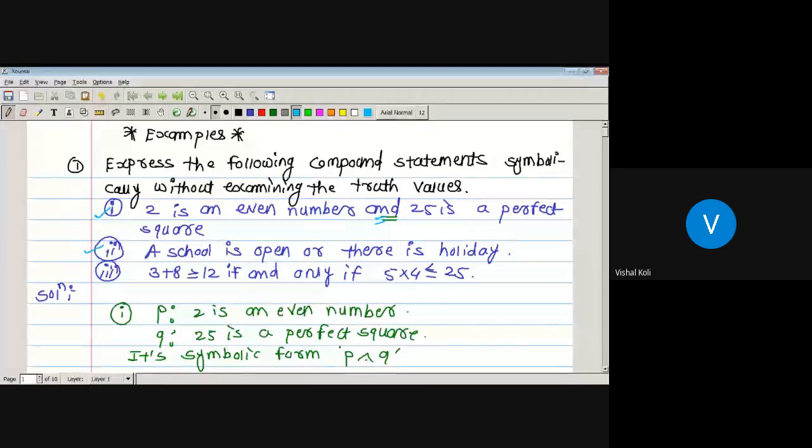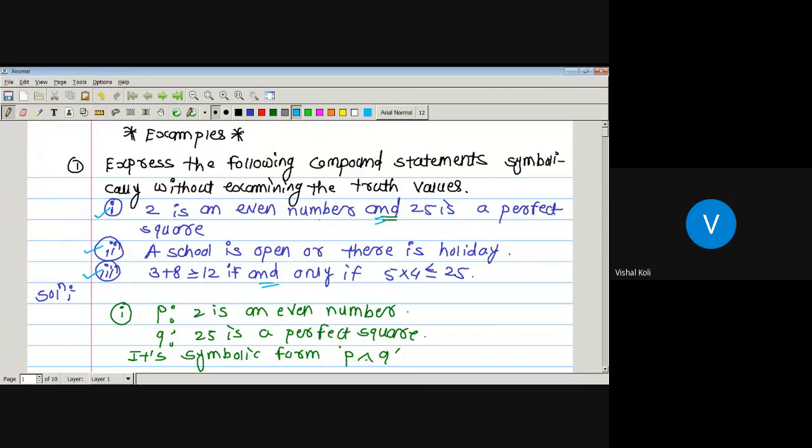And third one, if two statements are combined using the connective if and only if, then it is called a biconditional. Now we have to express all these compound statements in symbolic form.